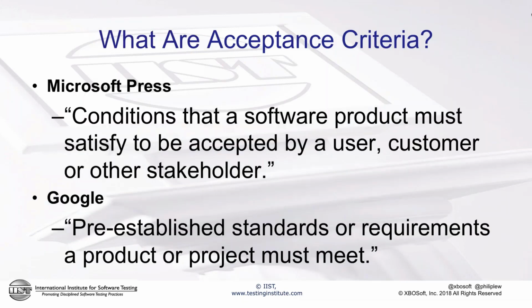Here are some other definitions of criteria from some of these so-called experts, right? Microsoft and Google. I don't know who they are, but they have their own acceptance criteria. They're not as granular as what we have, but we can use them only as guidelines.